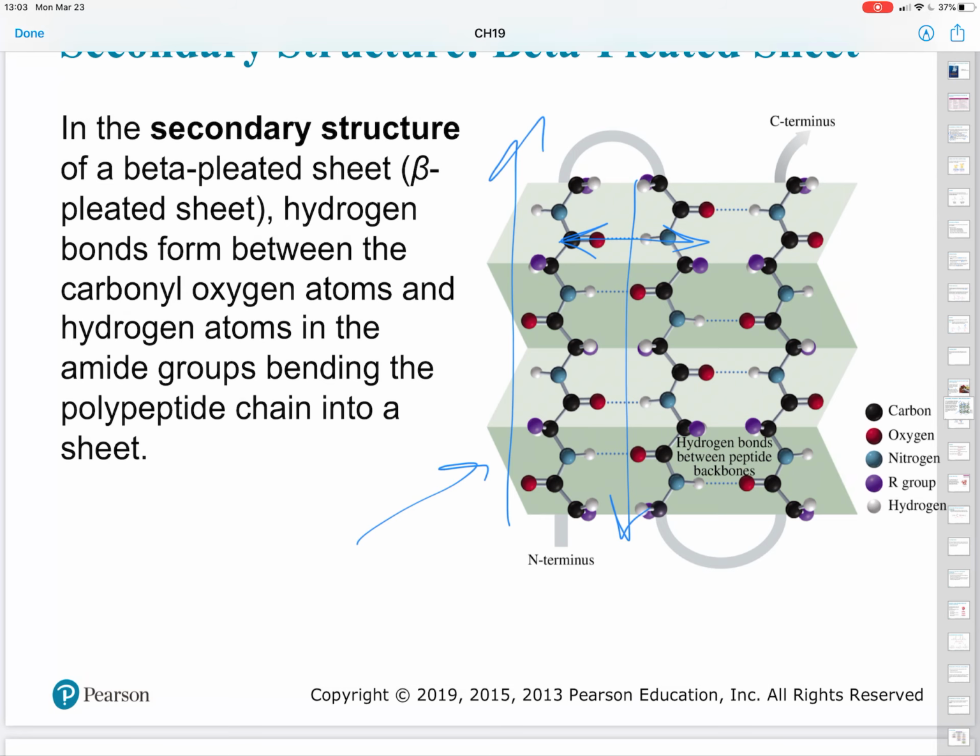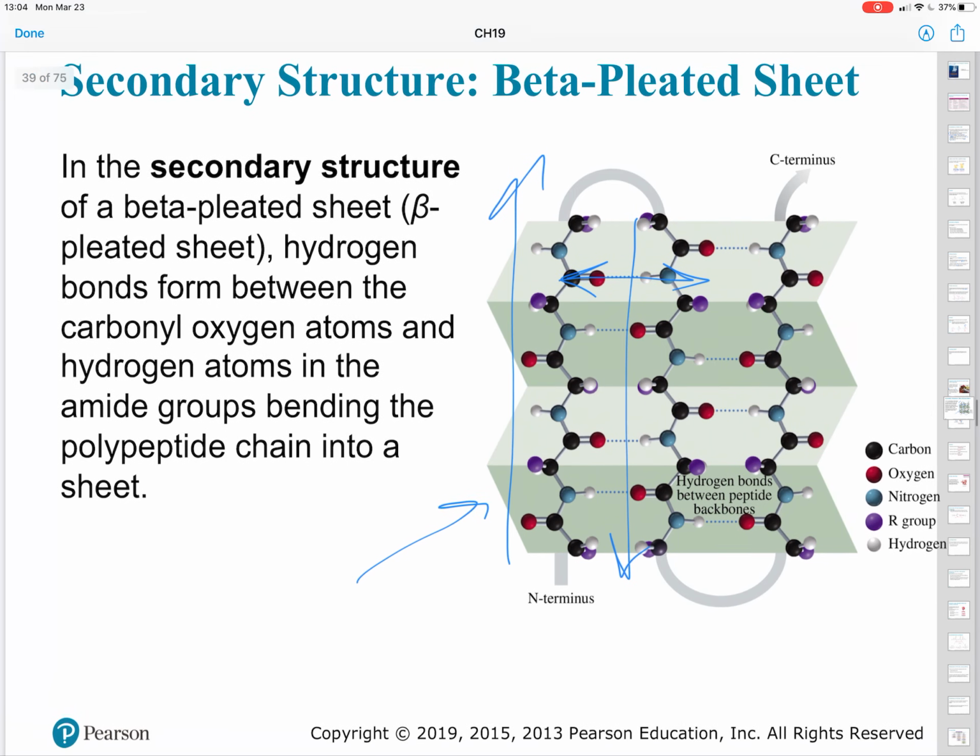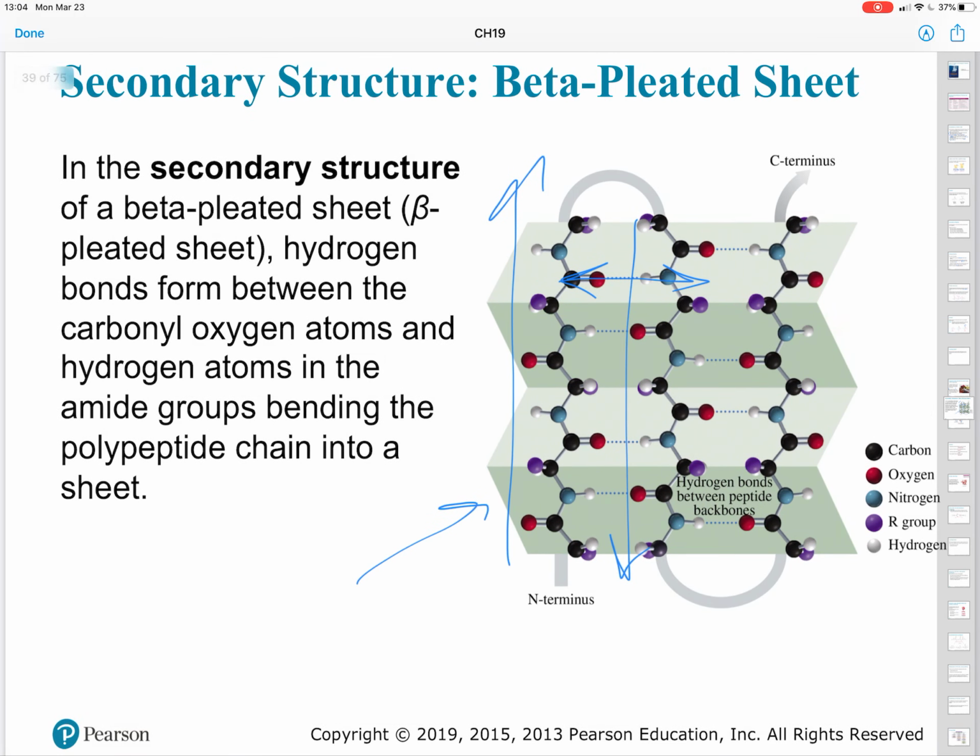In both situations, now this is the key, secondary structures are held together by hydrogen bonding. Hydrogen bonding. Okay? So if I was to say what holds together primary structure?